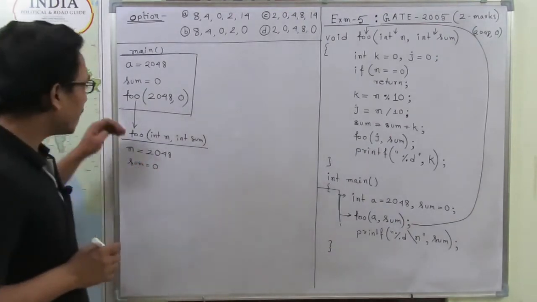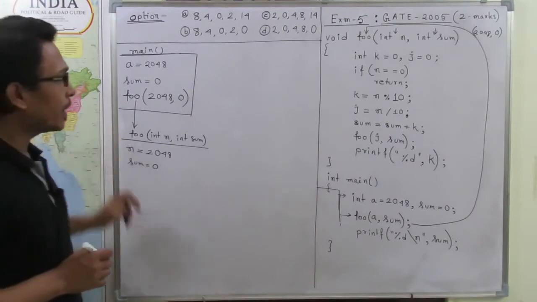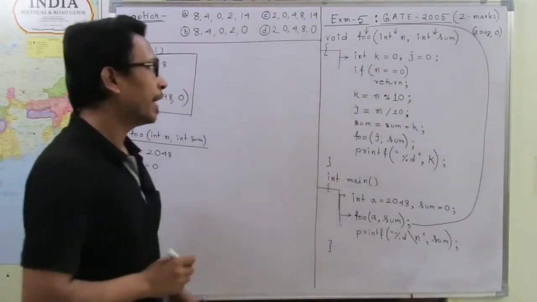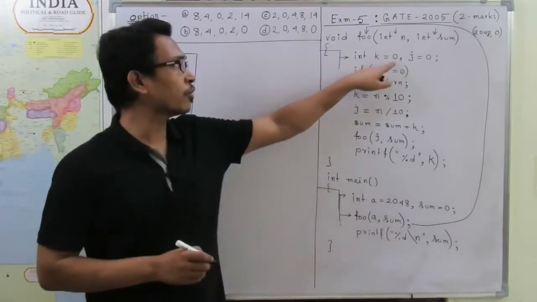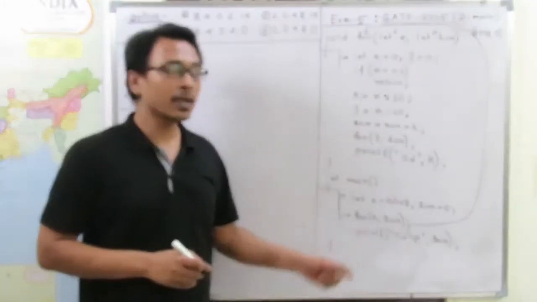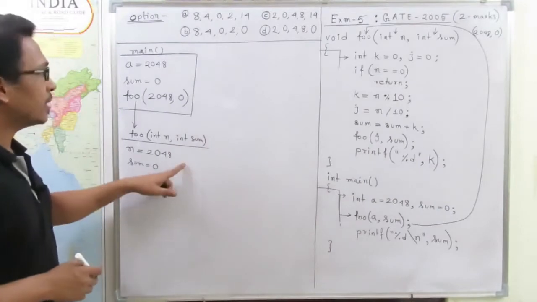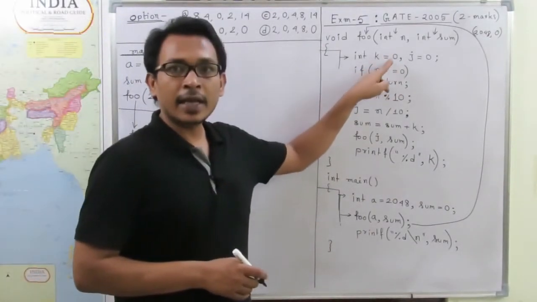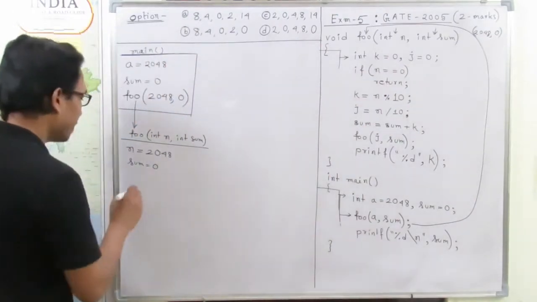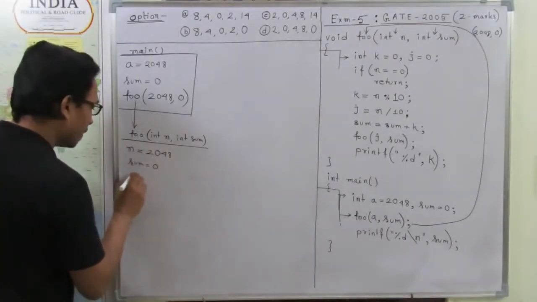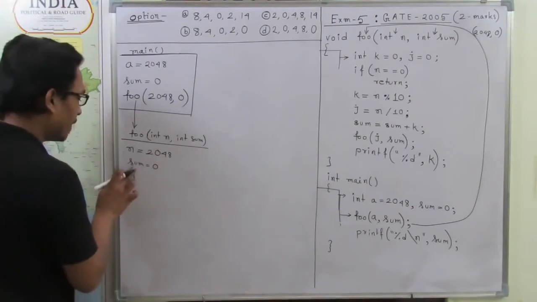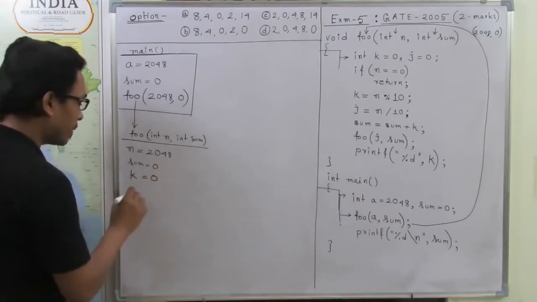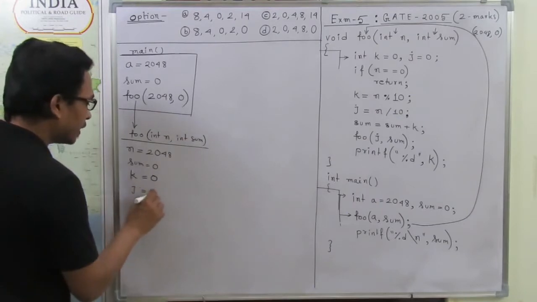After receiving both arguments, control enters the function definition, and the first instruction is int k equal to 0 and j equal to 0. That means the system allocates 2 memory blocks for variables k and j, both initialized with 0.